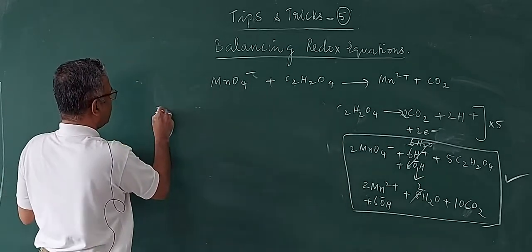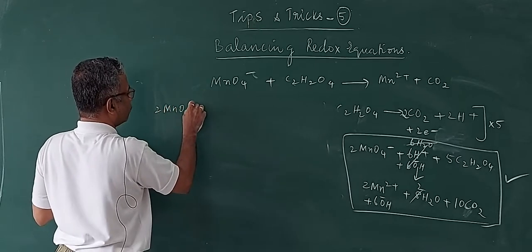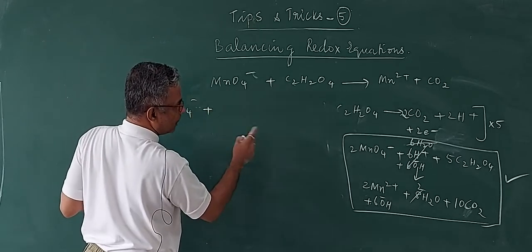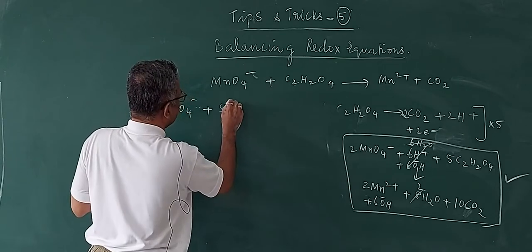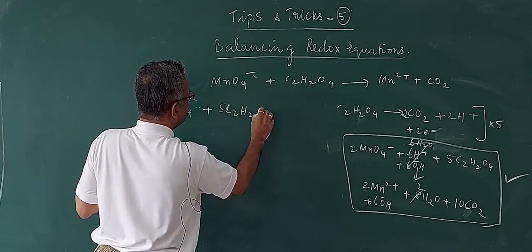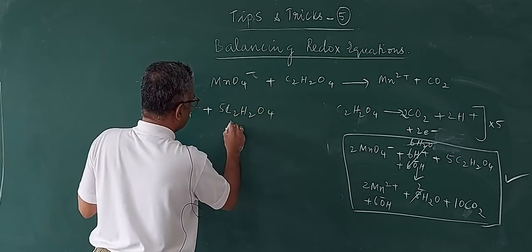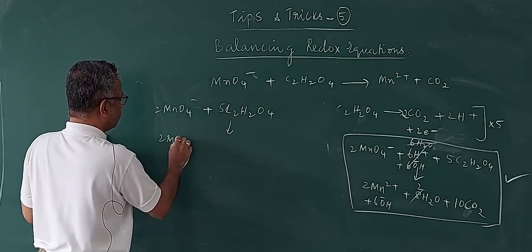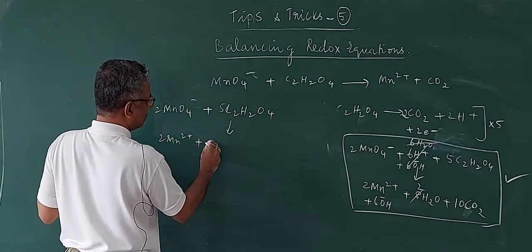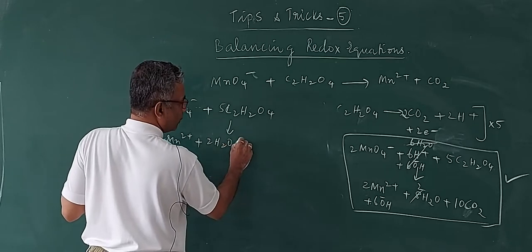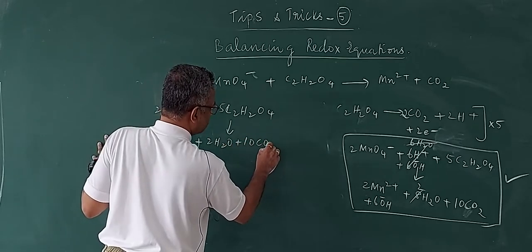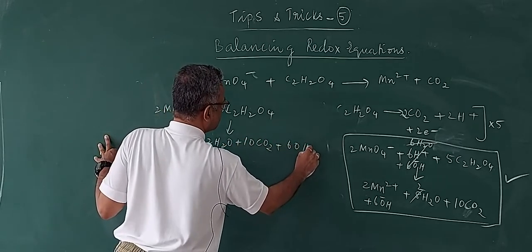Final equation will be in alkaline medium 2MnO4 minus plus 5C2H2O4 gives you 2Mn2 plus, 2H2O, plus 10CO2, plus 6 OH minus.